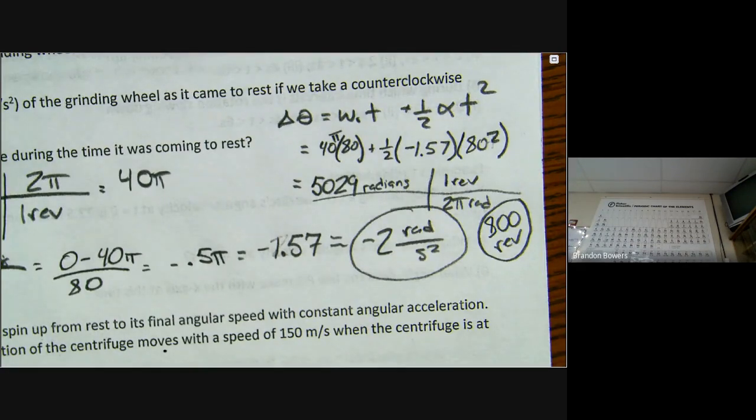Because it's just the average of the highest speed and the lowest speed. Yeah, that would work, since we started from rest. Other than that, yeah, you're spot on.